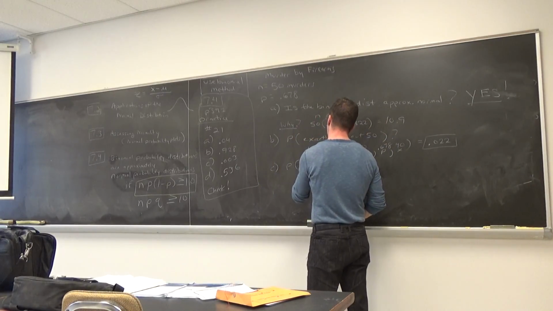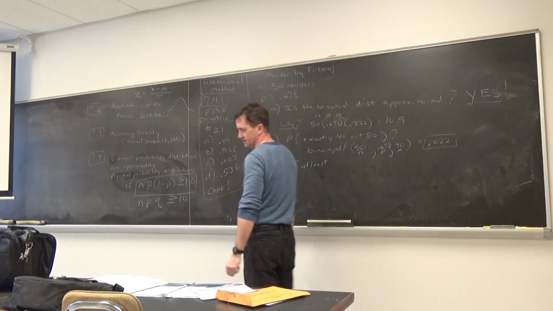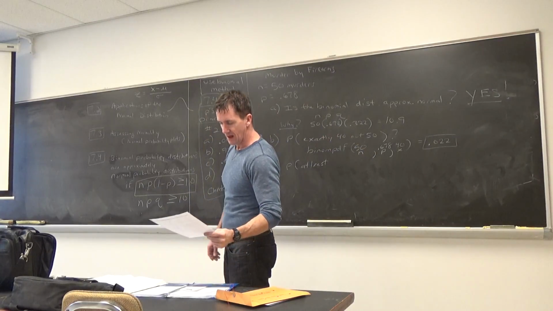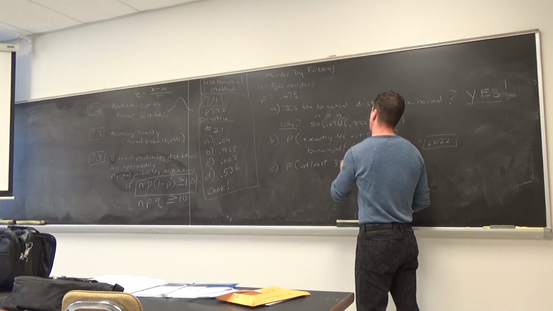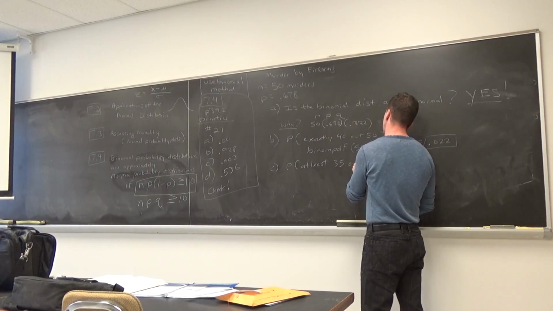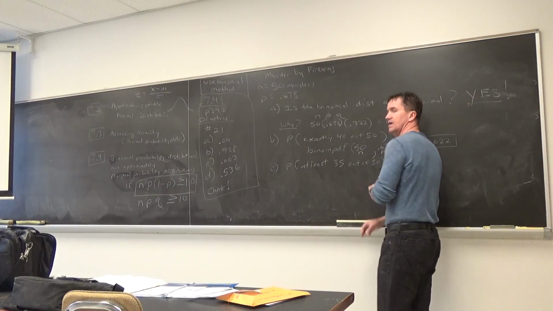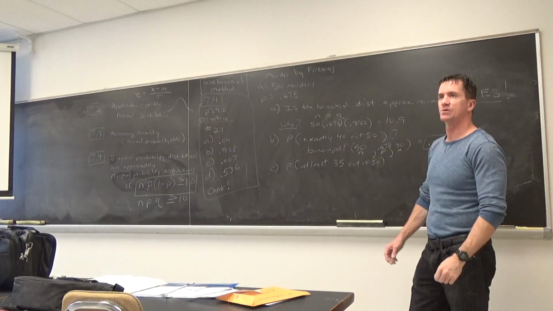And how about at least? What did they ask you? At least 35 murders out of the 50 committed with a firearm. Do you remember how to do this with the 1 minus?